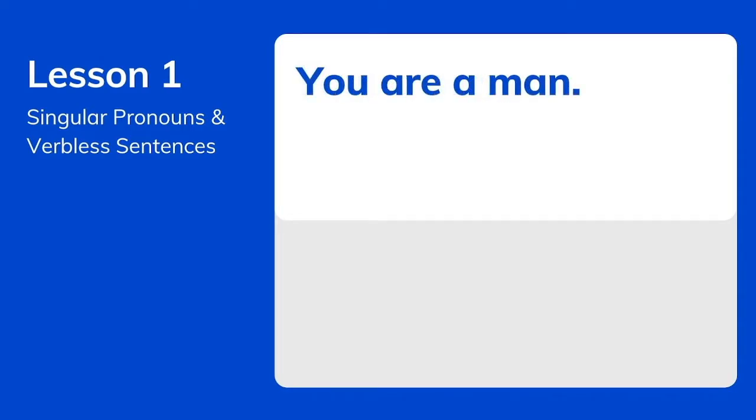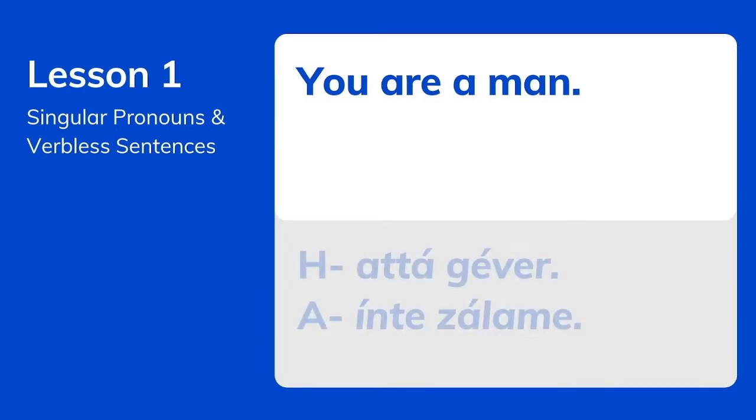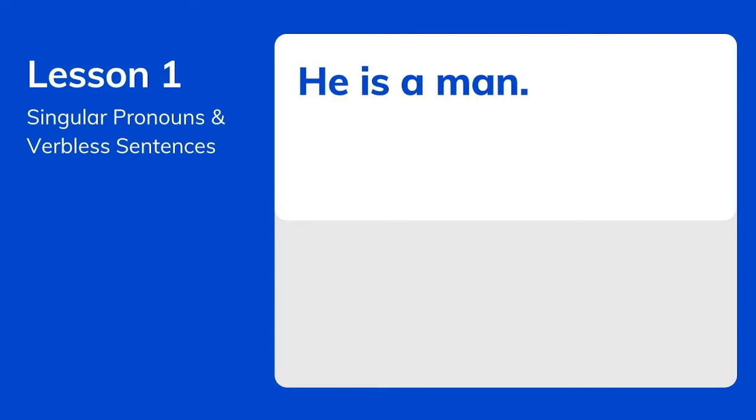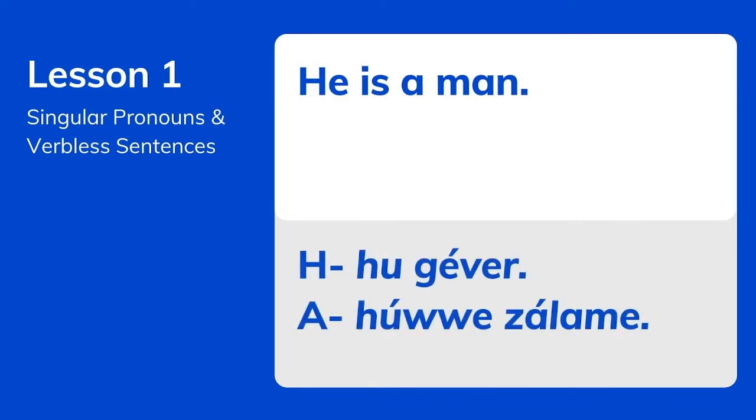You are a man. In Hebrew, we have ata gever, and in Palestinian Arabic, inte zalame. He is a man. In Hebrew, it is hu gever, and in Palestinian Arabic, huwe zalame.